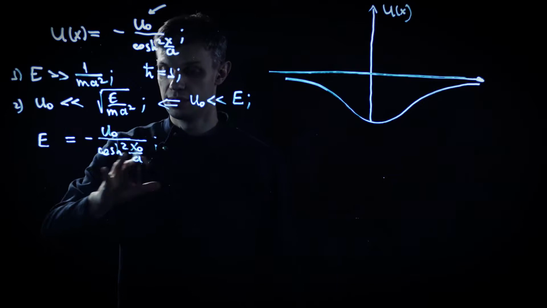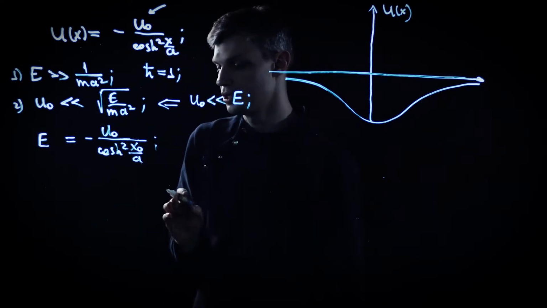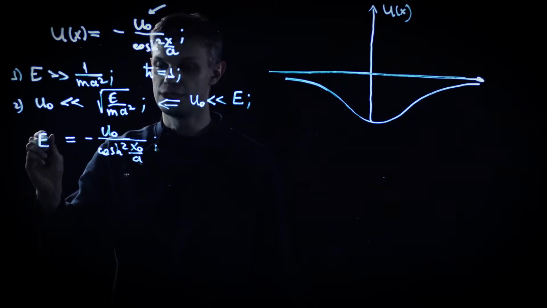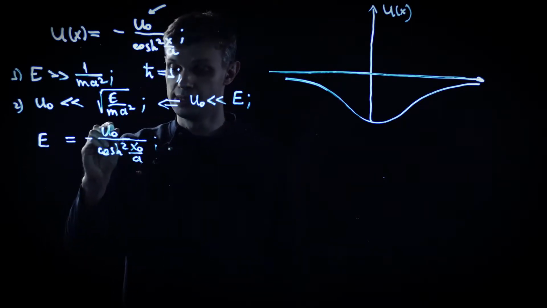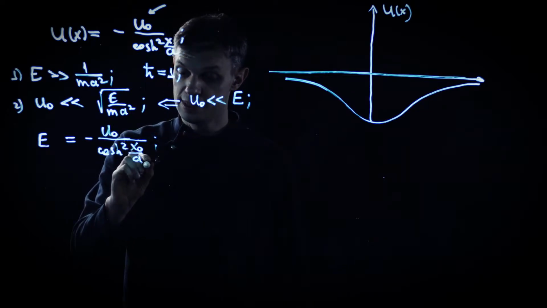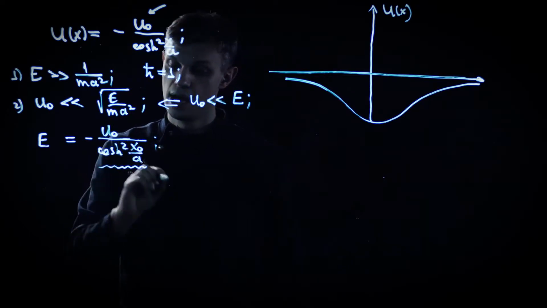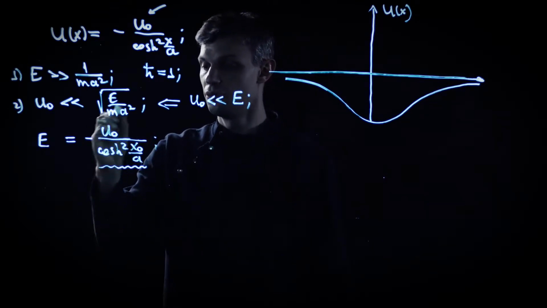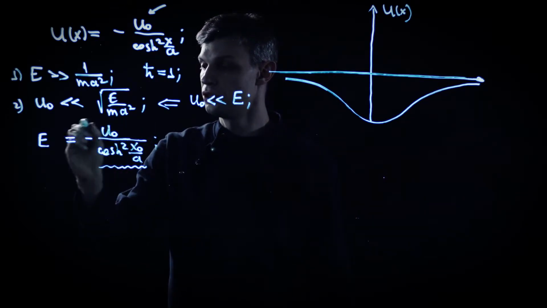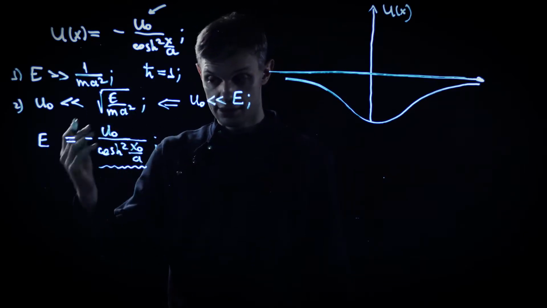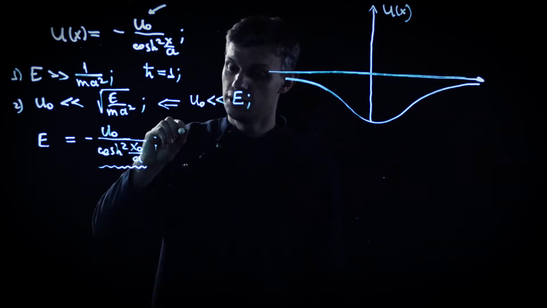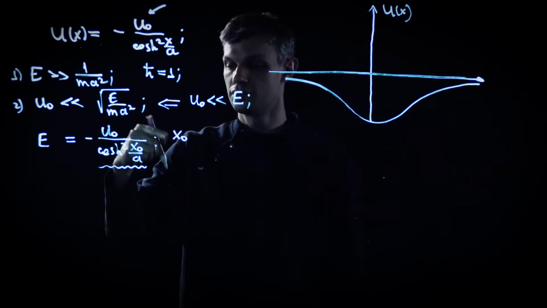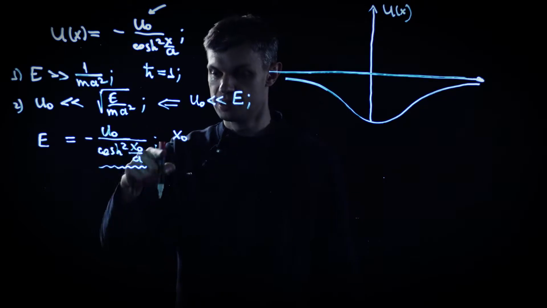So now let's look at our equation for the turning point. We see that the left-hand side of this equation is much greater than the amplitude of the right-hand side. That means that the denominator should be very small to compensate for the difference between the amplitude of U0 and E. And this entails in particular that the x0 point should be close to the zero of the cosh in this denominator.